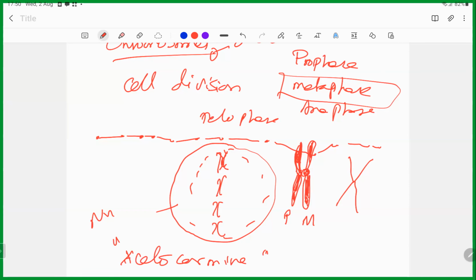If they add this dye in a cell, only during the cell division process, during mitosis and metaphase stage, this dye will go and bind with the DNA. So now you can give color to the DNA and see. So that's why, as it gives color when it is in condensed form, it is called what? Chromosome.